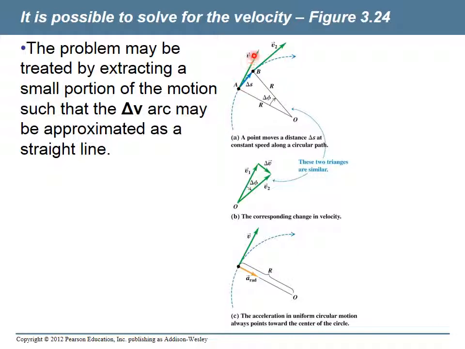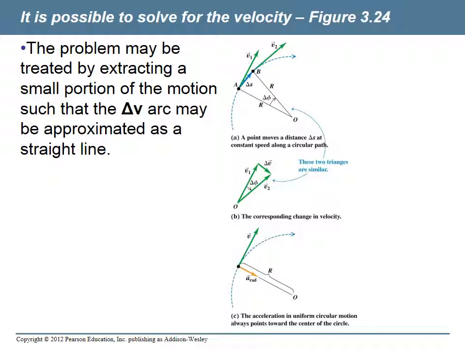It has an instantaneous velocity v1 here, instantaneous velocity v2 right there, and it's traveled some distance along this path, delta s. I can place the tail of v2 on the tail of v1, creating this triangle right here, and we know the difference between v2 and v1 is delta v. We get that right here.